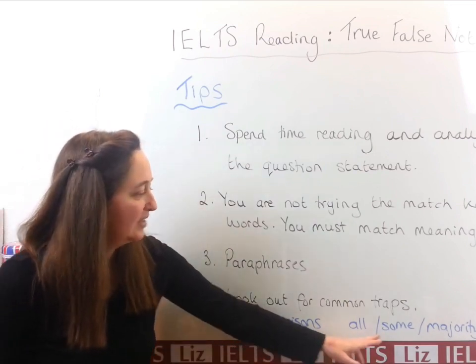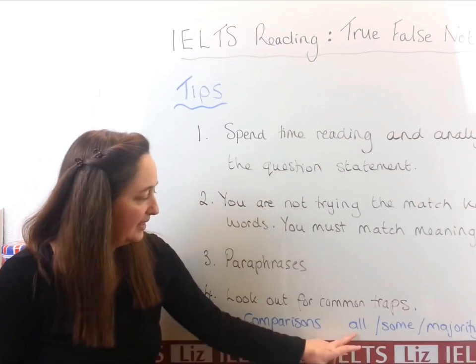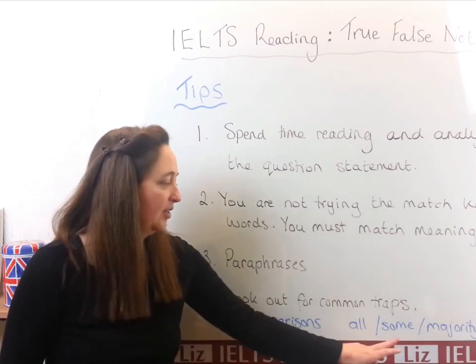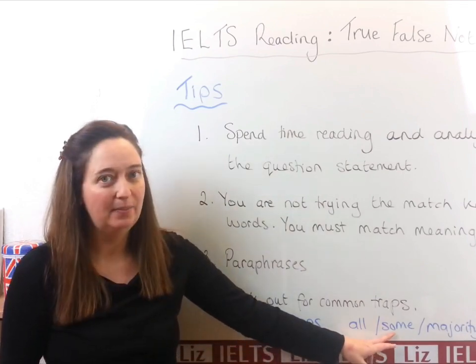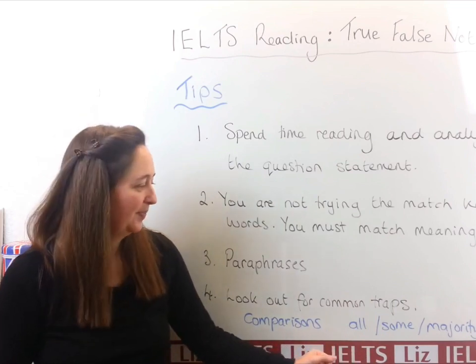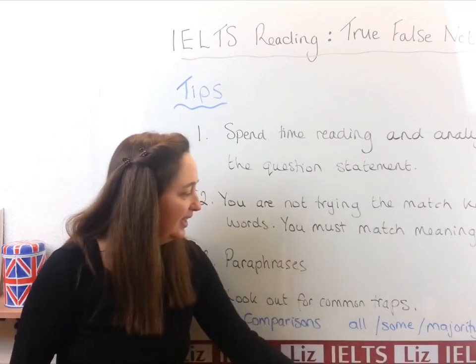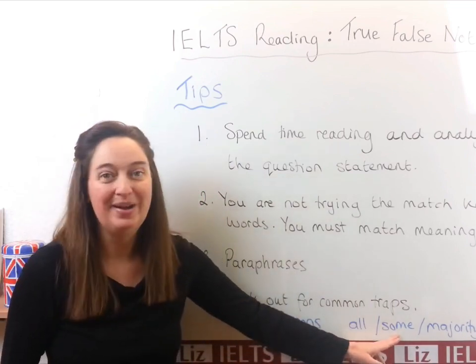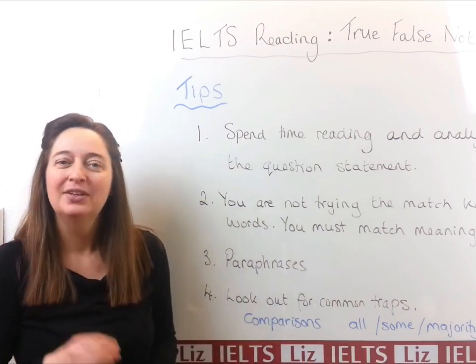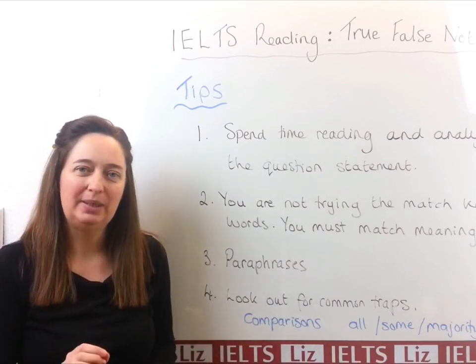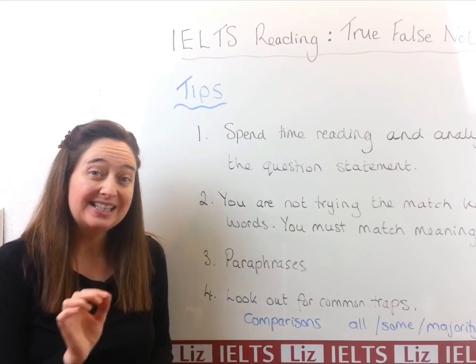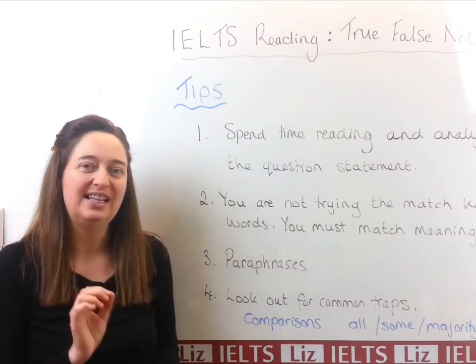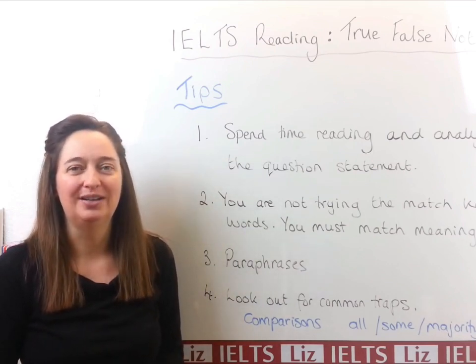Also look for these types of words. If they say all and the question says some, that's not a match. If they say the majority and the question says some, that's also not a match. So this is really testing your ability to understand the exact difference and the exact meaning of words.